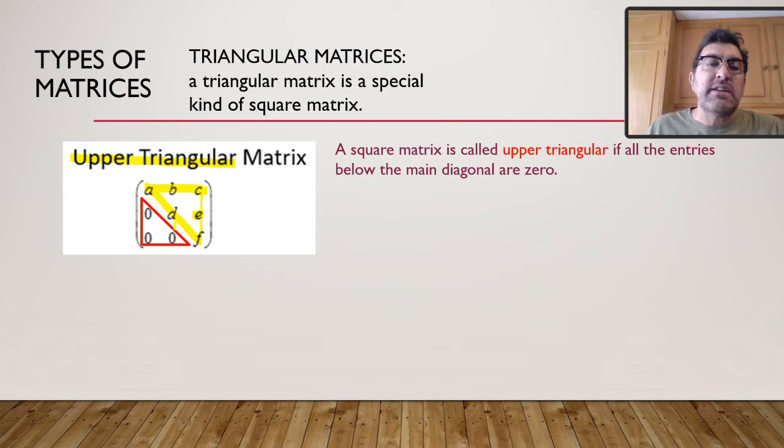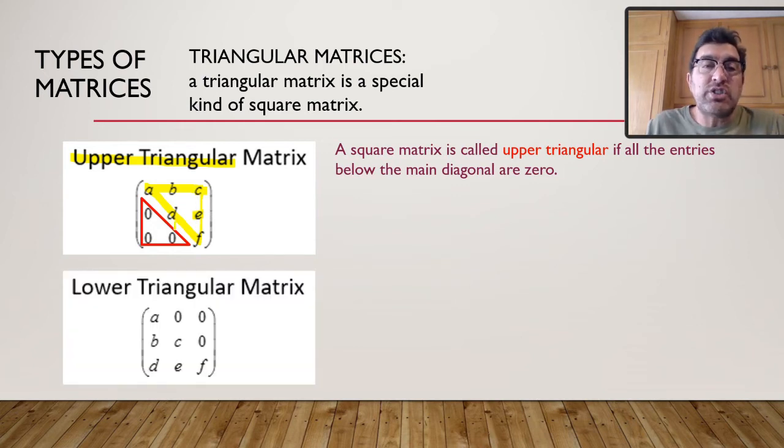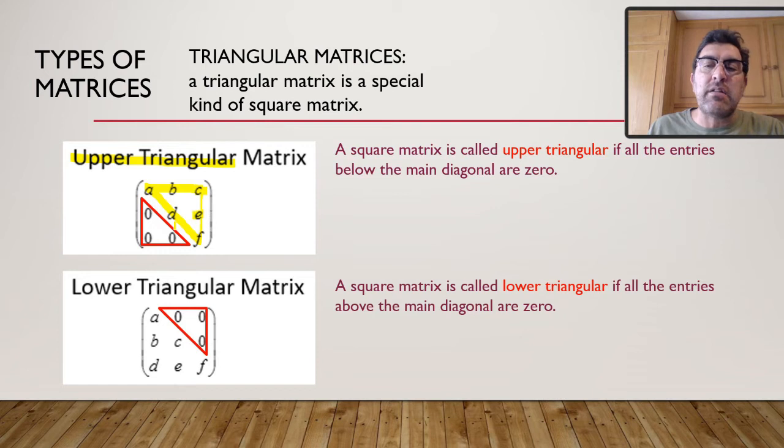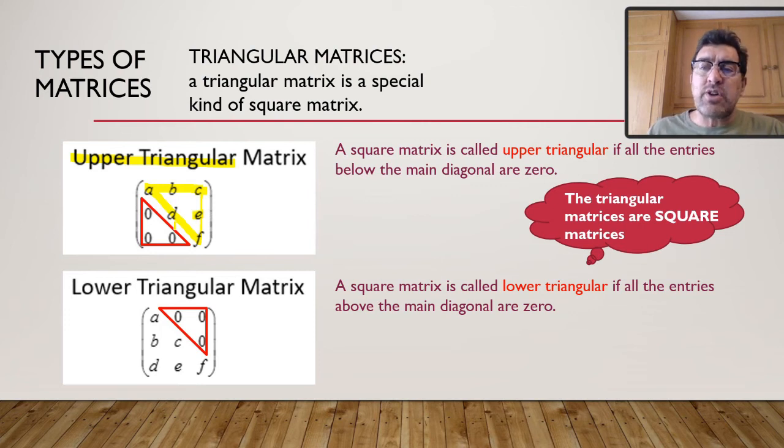If we get an upper triangular one, we should get a lower triangular one, and you've guessed it, all the entries above the main diagonal are 0. The triangular matrices obviously have to be square matrices because their diagonals become very important here.